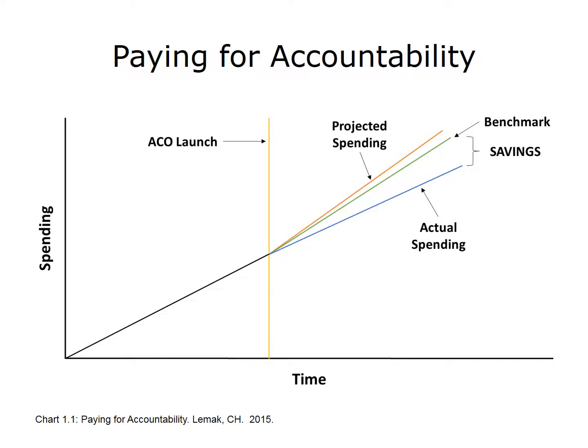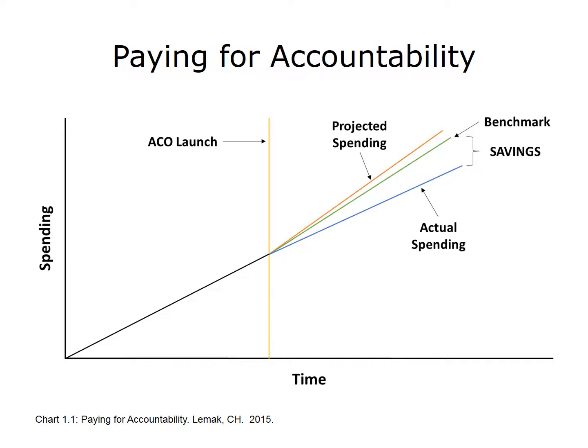The ACO also sets a benchmark or target level of spending, the green line in the figure. This is expected to be realized when the ACO providers come together and improve care provision, improve access to care, coordinate better, reduce unnecessary care, improve the health of patients, and other activities.